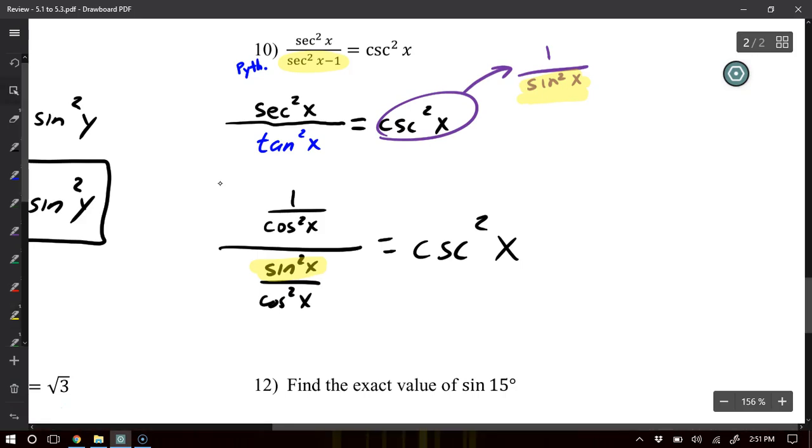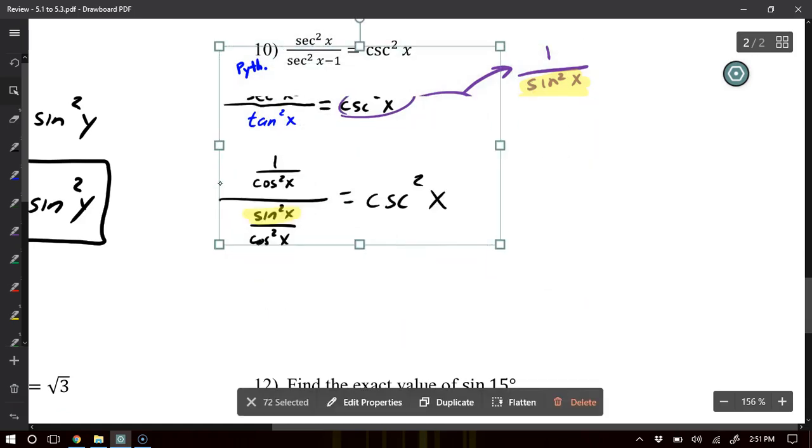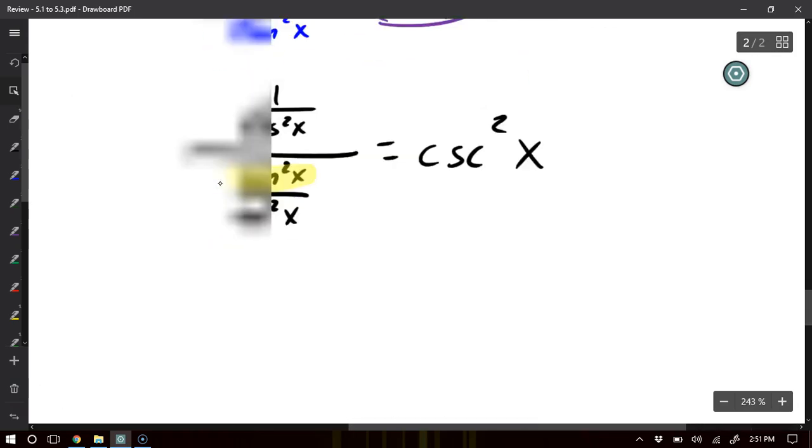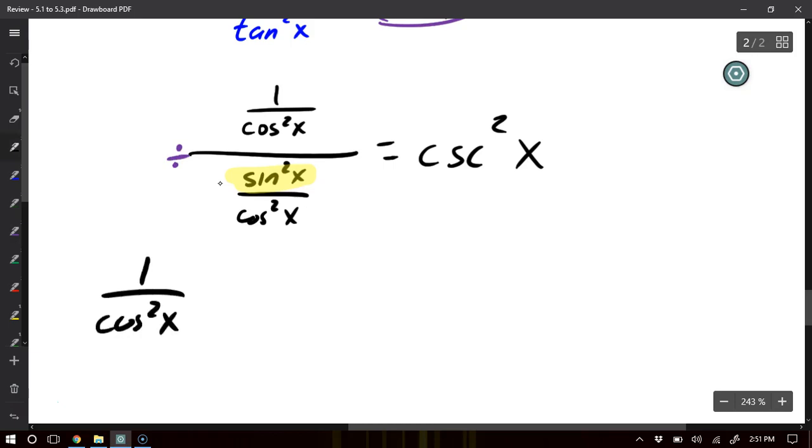If I start looking left to right and seeing what I want and what I'm given, it's going to give me more confidence that I'm on the right track for solving things. So let's see, I'm dividing by a fraction. There's that concept again. If we're dividing by fractions, we want to flip the denominator and multiply by the reciprocal.